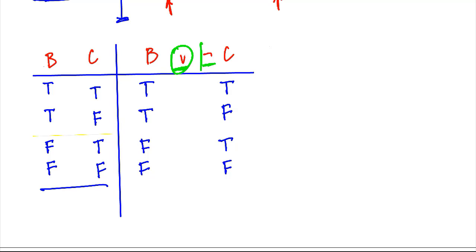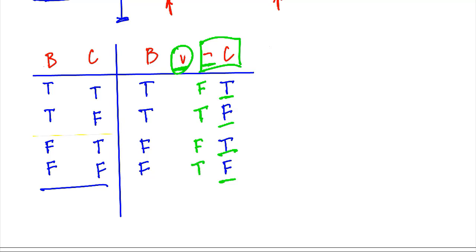So first we need to figure out what the truth value for not C is. And that's just going to be the reverse of the truth value for C. So when C is true, not C is false. When it's false, not C is true. When it's true, of course, it's false. And then when it's false, it's true.